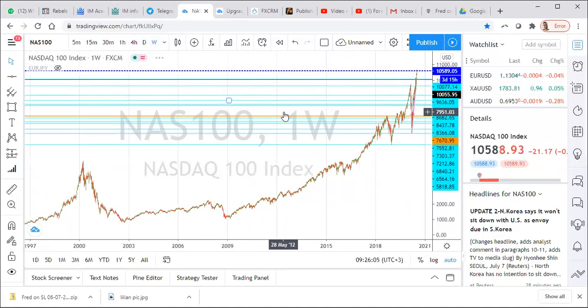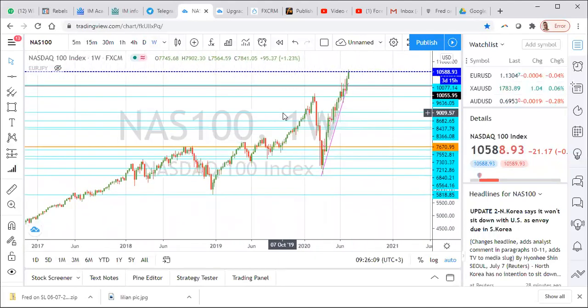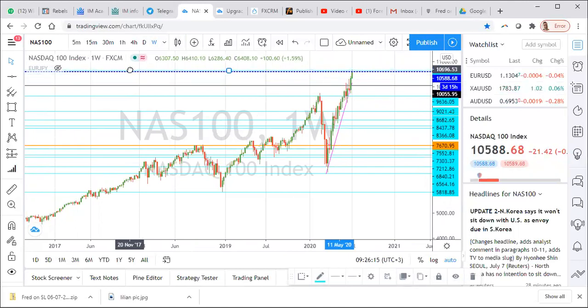It hasn't been that high in a very long time. So I don't know, I'm not sure that it'll break past this high.